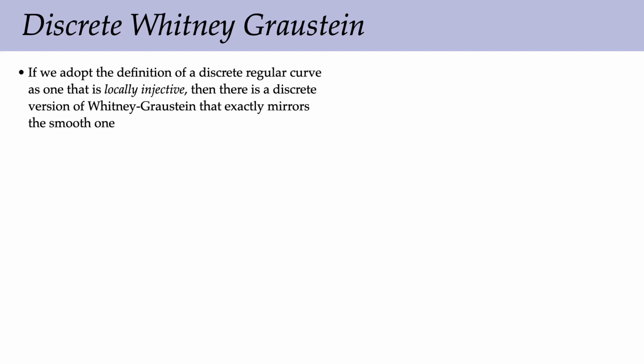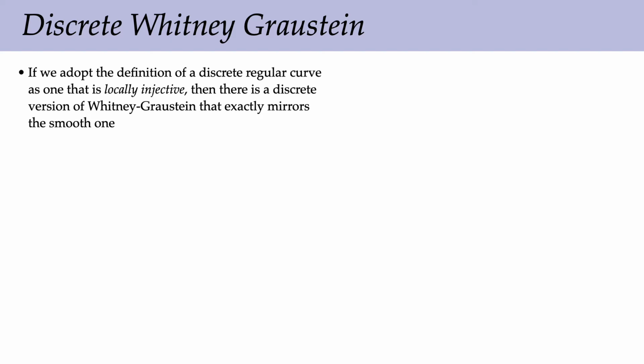Well, if we adopt the definition of a discrete regular curve that we've given in these slides, if we say discrete regularity means local injectivity, then there's a discrete version of the Whitney-Graustein theorem that exactly mirrors the smooth one. And I just want to pause here and make a little bit of a meta point.